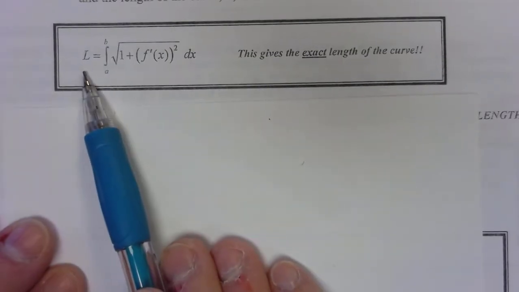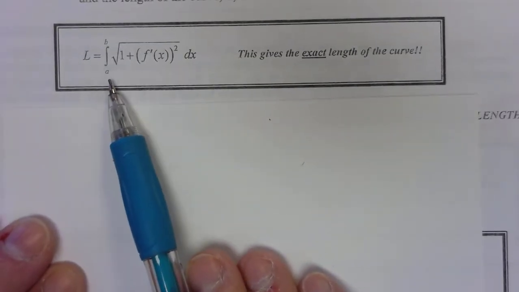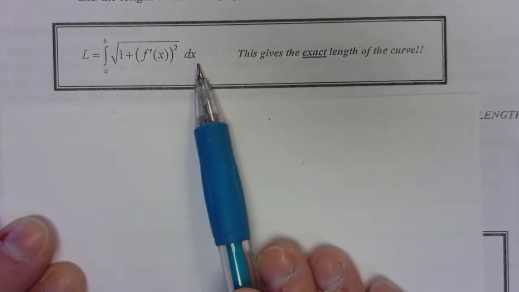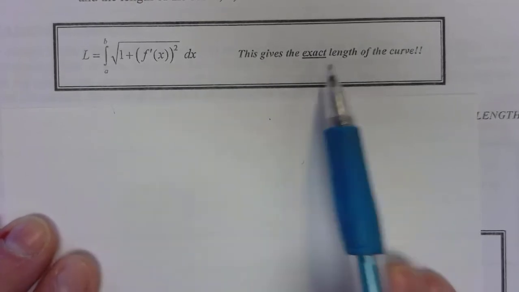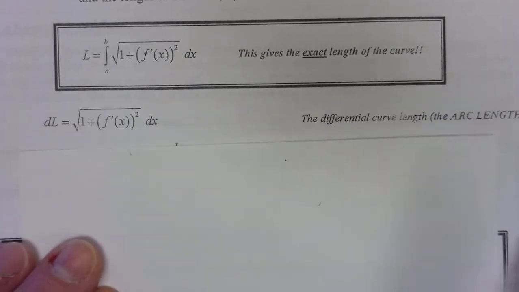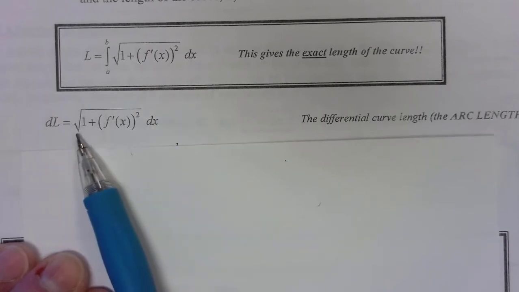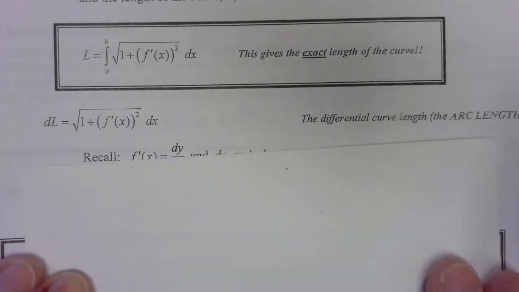So our arc length is found by anti-differentiating on the interval from a to b, the square root of 1 plus f prime of x squared dx. That gives us the exact length of the curve. Now differential form is dl equals the square root of 1 plus f prime of x squared dx.